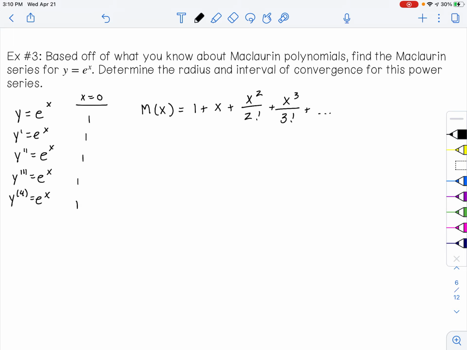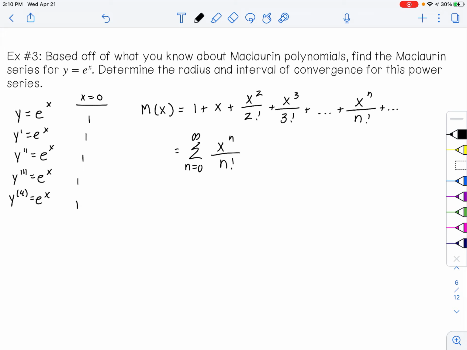So we have 4 non-zero terms, and then we're going to take it out to the general term. It's always positive, so we don't have an alternator put in here. So it's x to the n over n factorial, and that would equal the sum from 0 to infinity of x to the n over n factorial.